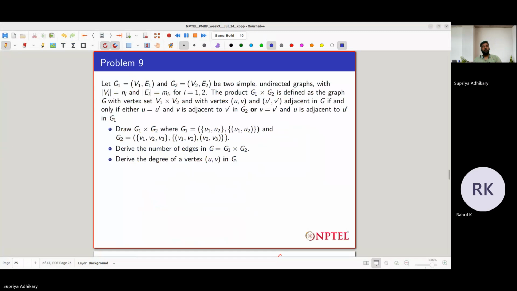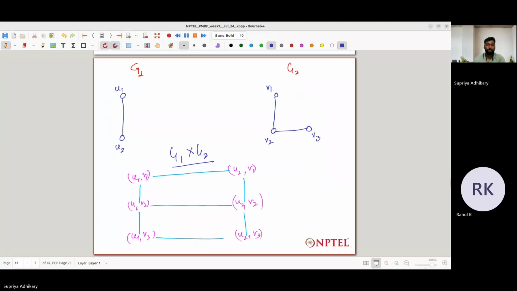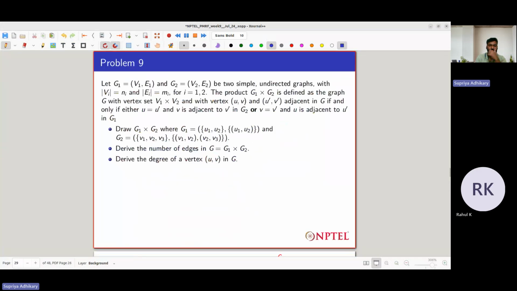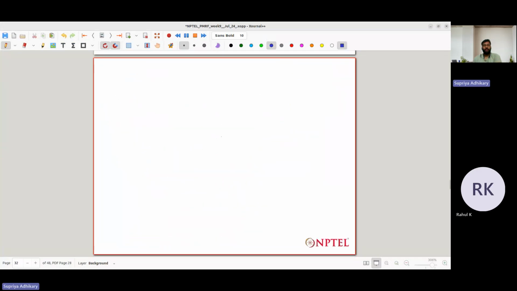Now we have to derive the number of edges in G1 cross G2. So first, what is the number of edges in G1 cross G2? Consider one vertex over here in G1, and in G2 we consider one edge.